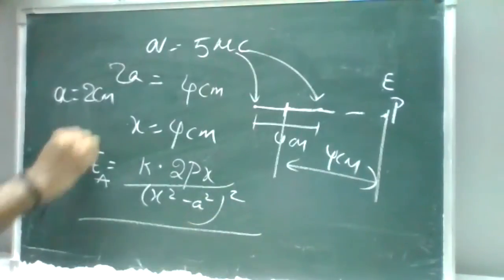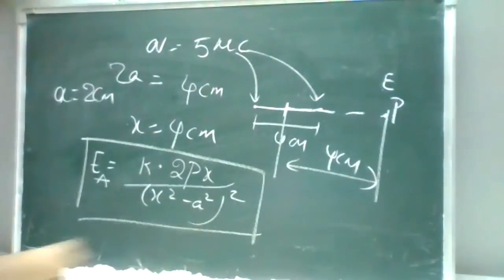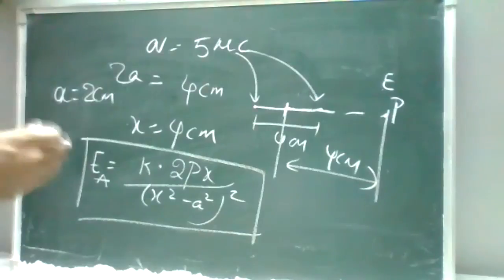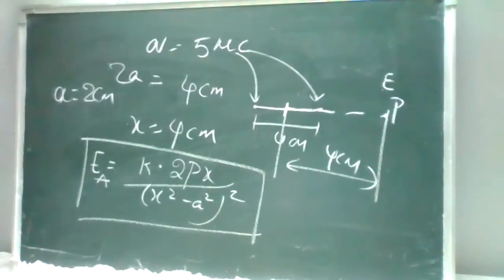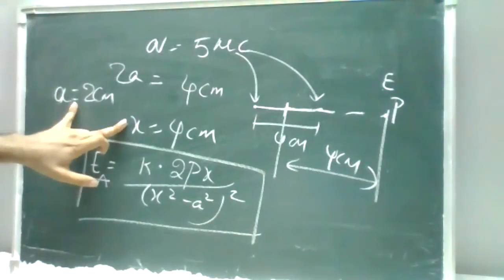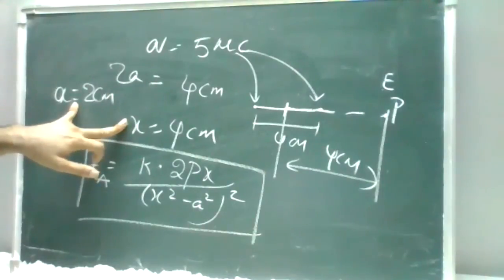Remember, when x is much greater than a, then Kp by x cube comes. But here, there is no big difference between x and a, only 2 centimeters. So x is not much greater. It would be much greater like 400 kilometers, 4 kilometers, 4 meters.